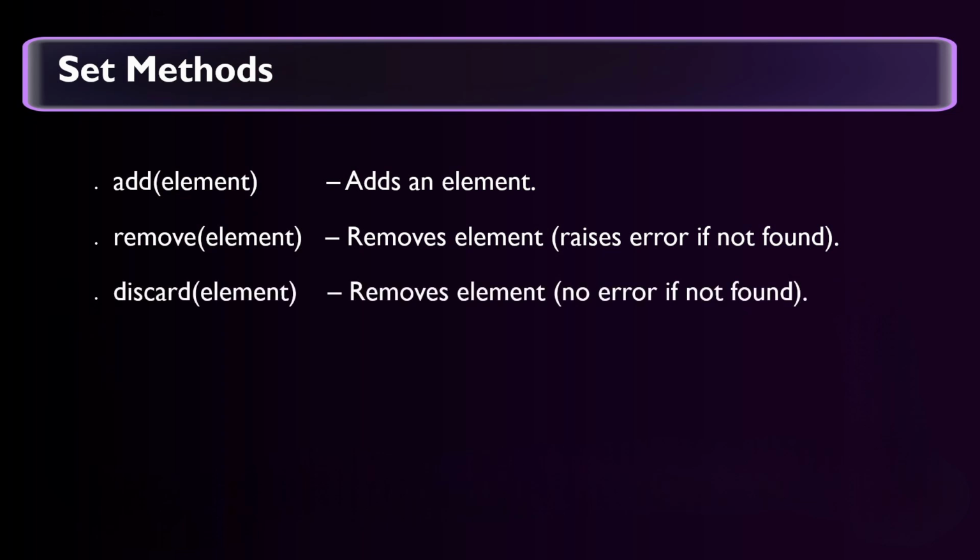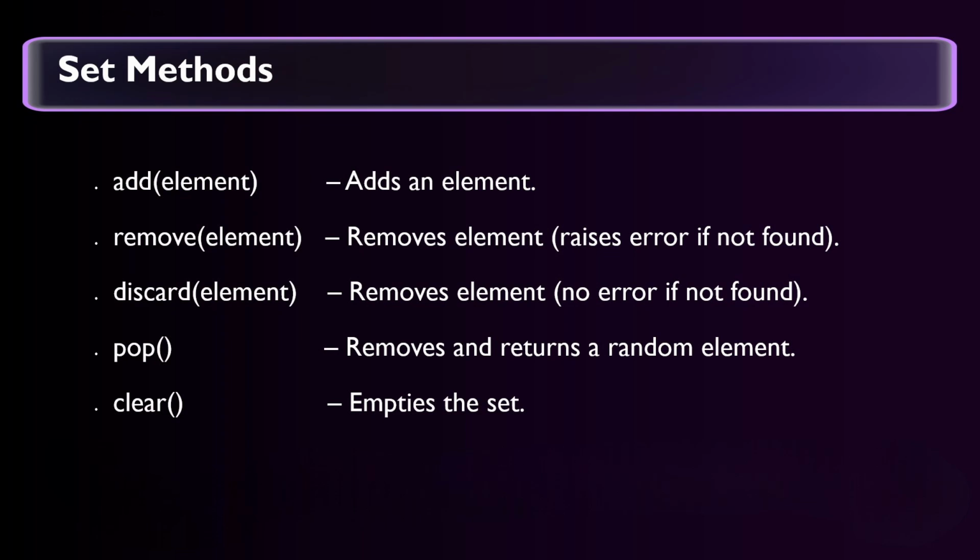The discard method removes the element from the set, and it raises no error if the element is not present in the set. The pop method removes and returns a random element. The clear method empties the set, and the update method adds multiple elements to the set.